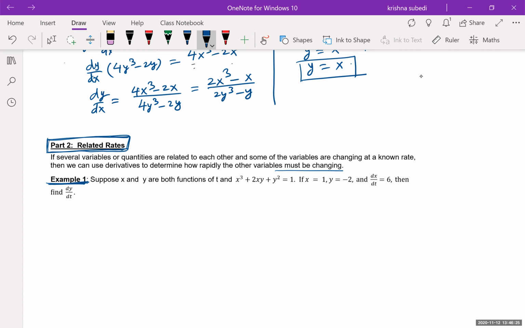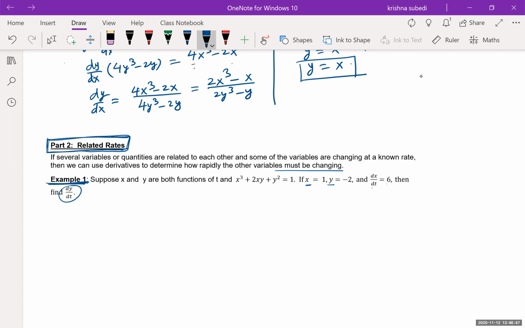Suppose x and y are both functions of t and we are given x cubed plus 2xy plus y squared equals 1, with x equals 1, y equals -2, and dx over dt equals 6. Then we want to find dy over dt.